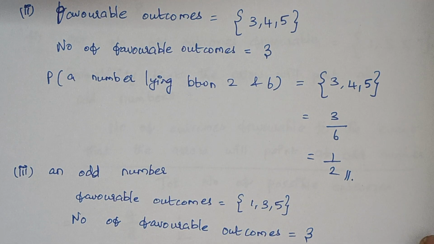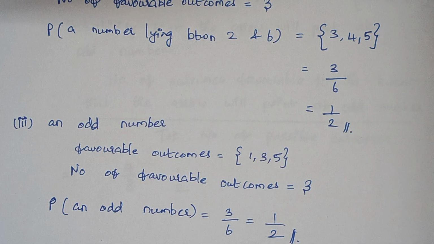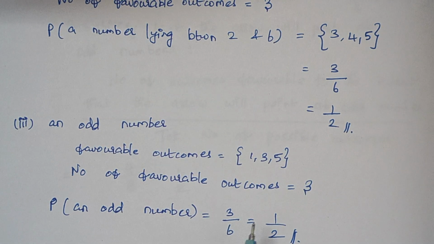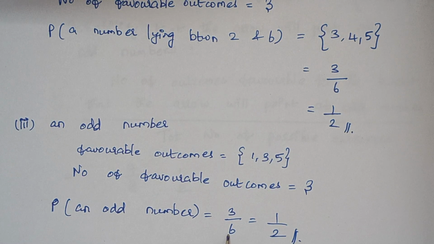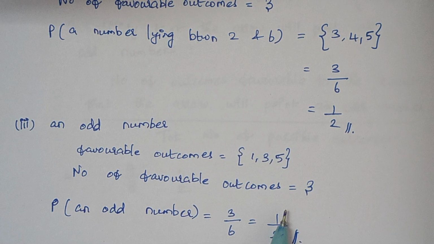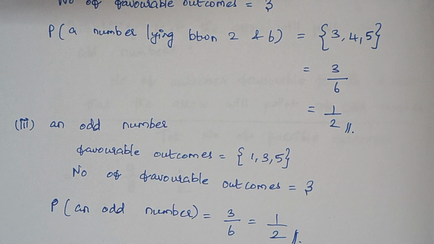We have 3 numbers. Therefore, the probability of getting an odd number is given by the ratio 3 by 6, that is number of favorable outcomes divided by total number of outcomes. So here again the final answer is 1 by 2. So this is the problem where we have all the answers as 1 by 2. Now we will proceed with our next one.